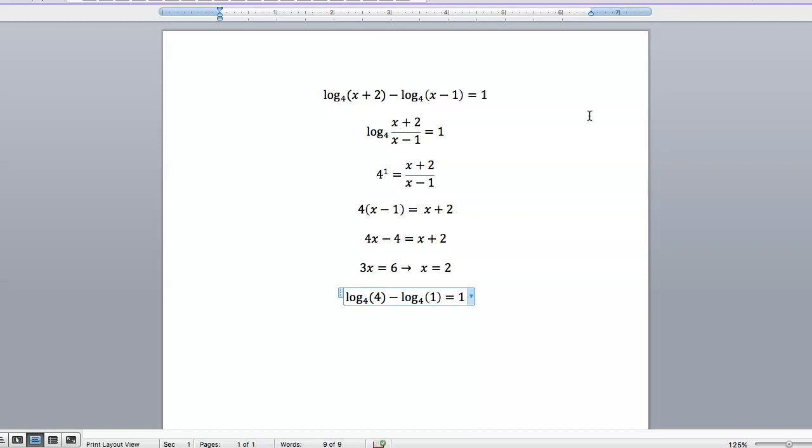If we think through this, I have log base 4 of 4. That's 1. Log base 4 of 1, well, log base anything of 1 is 0. So this says 1 minus 0 equals 1, which it does. Which means our solution is x equals 2.